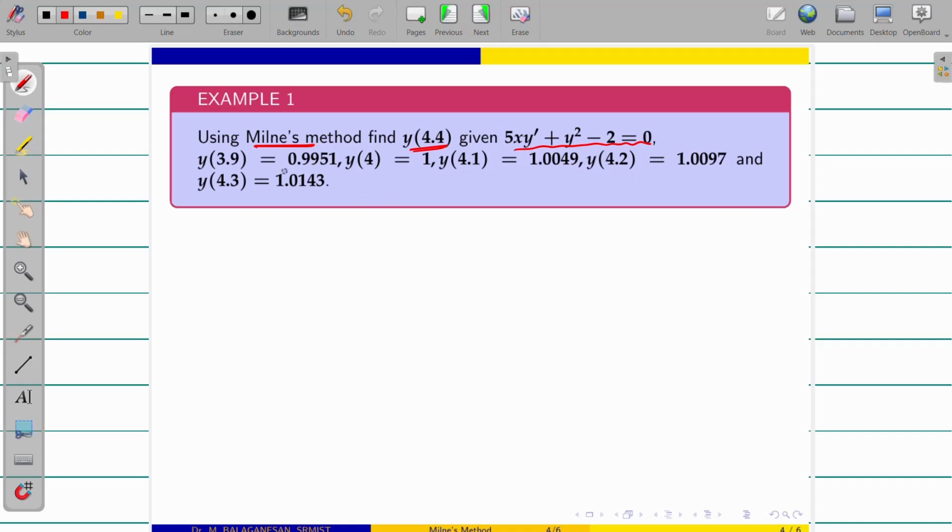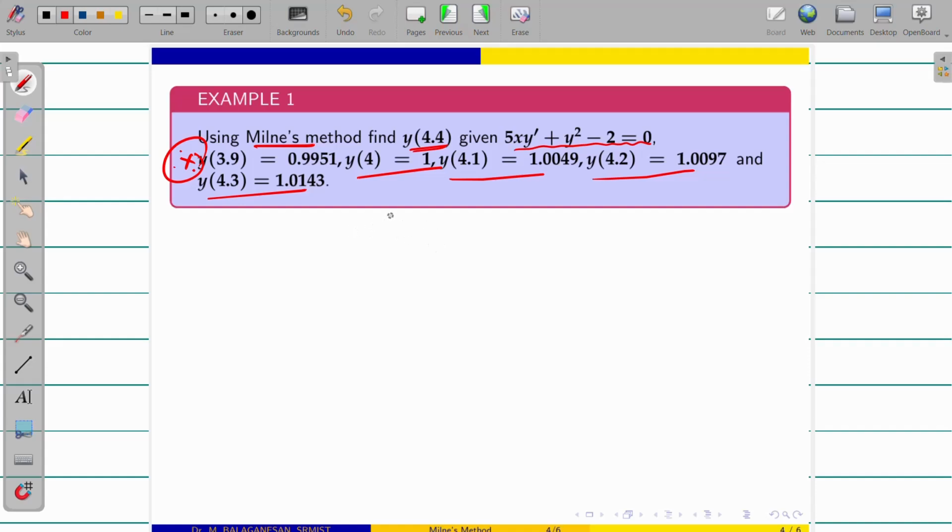Now come to the point. 1, 2, 3, 4, 5. In your textbook, they have given only 4 values. 1, 2, 3, 4. These are all the 4 initial conditions. But additionally, I have included this one here to explain one concept. I will explain that concept later.